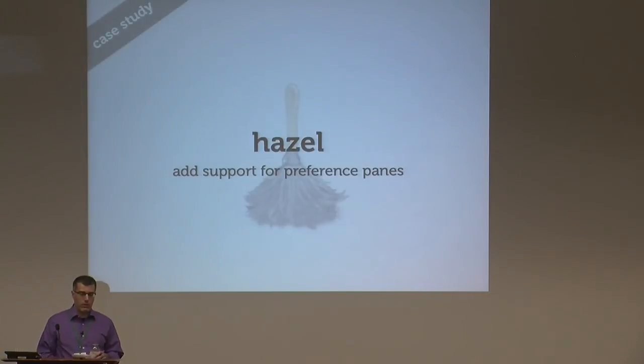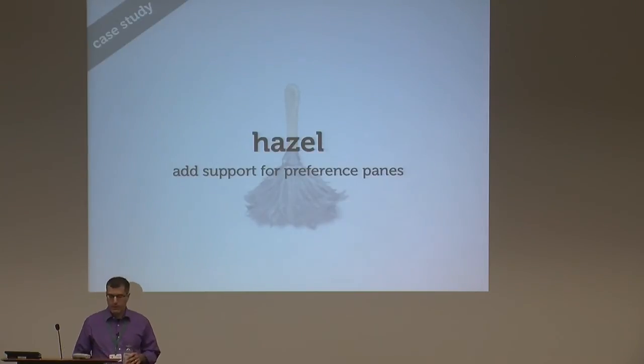So we'll go on to a case study. The Hazel preference pane from Noodlesoft is a good example of how we can install a preference pane. And think of this as the kind of project that adds on top of the luggage and builds upon its features.